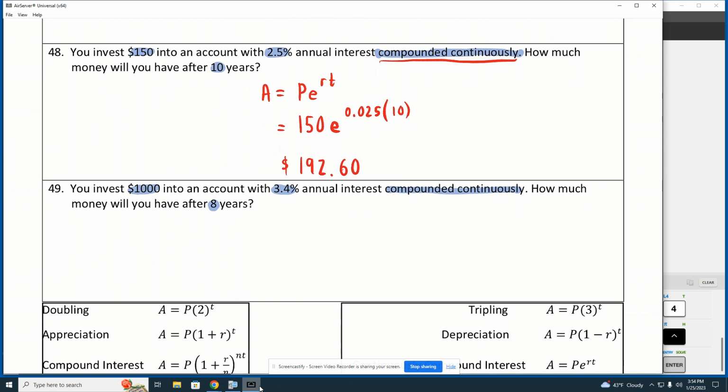So almost identical to the previous problem. We're going to do A equals P, that's 1,000, times e raised to the rt power. Well, r is 0.034 times t, which is 8.